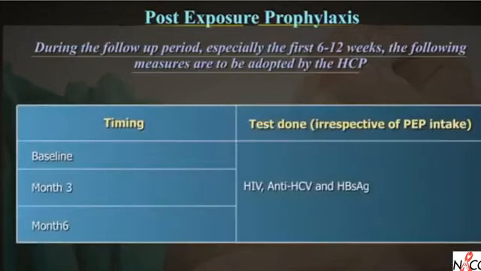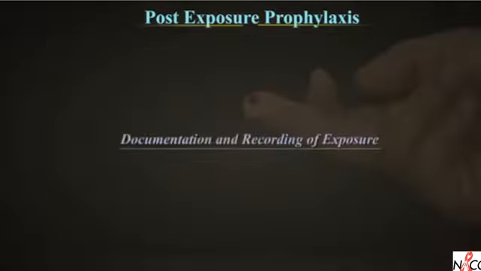Timing: baseline, month 3, month 6; tests are done irrespective of PEP intake. HIV, anti-HCV, and HBsAg. Documentation and recording of exposure.